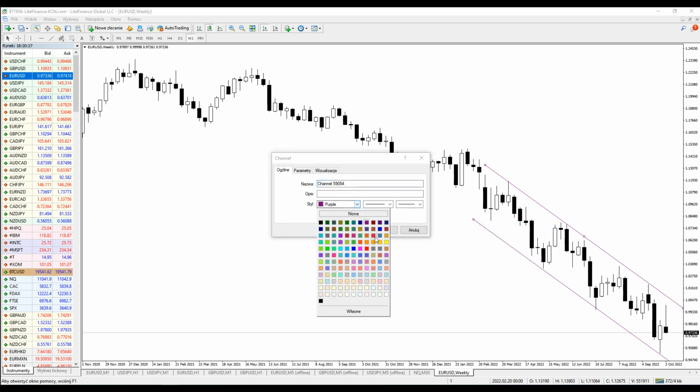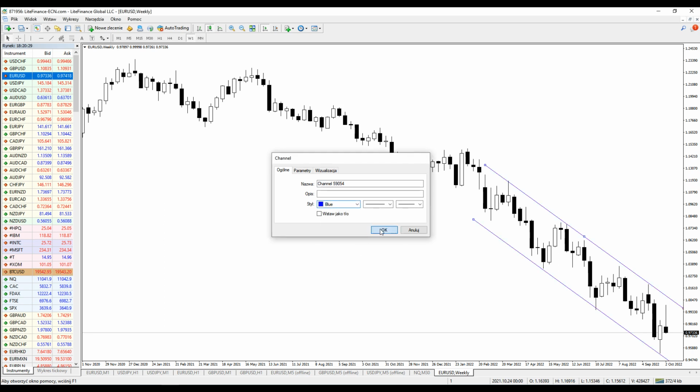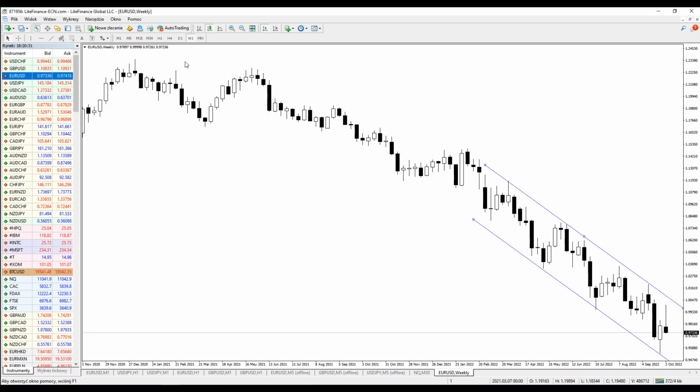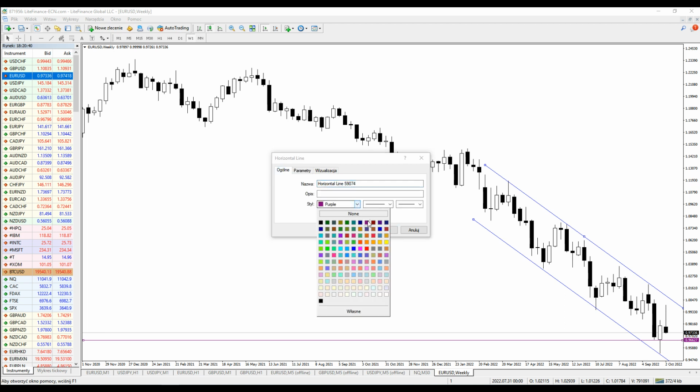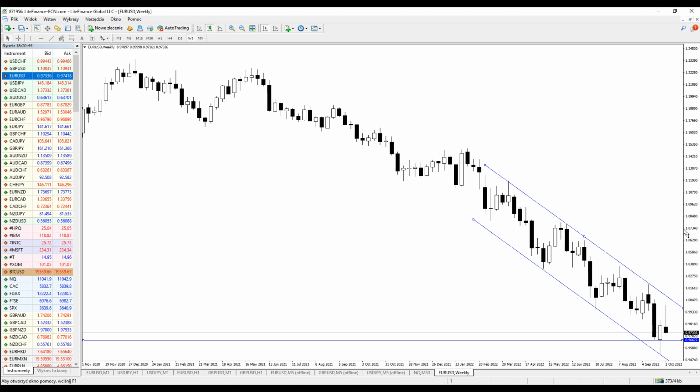So we are going to use the blue color, and we are going to place a few lines. That might be the swing low over here, the first possible short-term target for bears and buying point for longs.